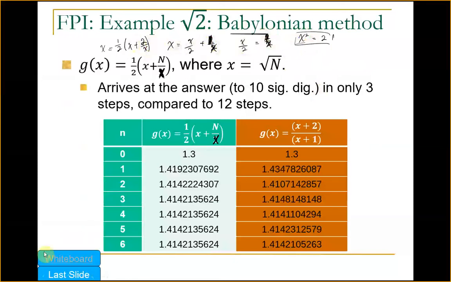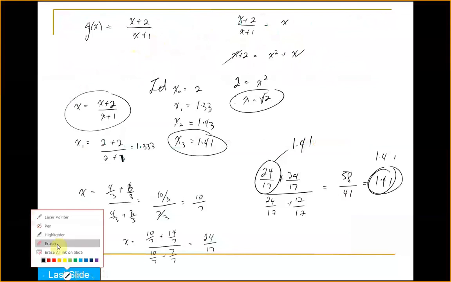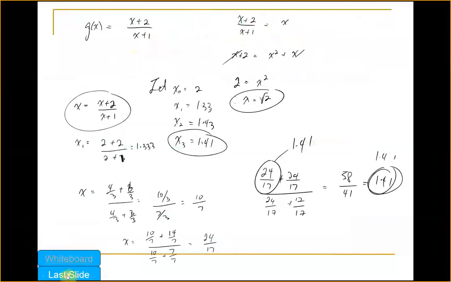Let's go back to the whiteboard just to be clear. So the Babylonian method, finding the square root. All we say is that x is equal to half of x plus the number, let's call it n, over x. And let's solve for it.